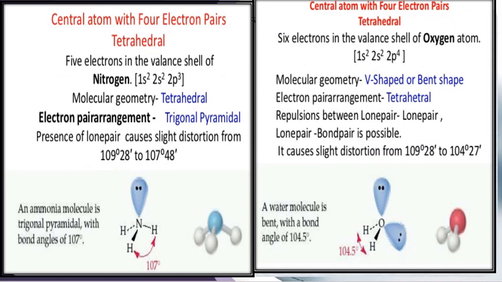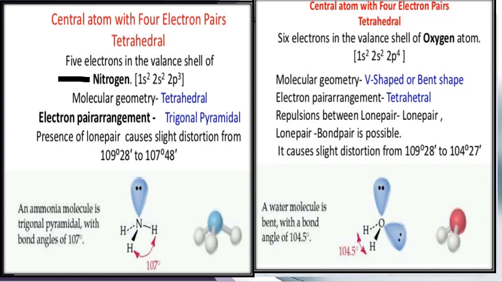Now here it is given the ammonia molecule. Ammonia has the formula NH3. The configuration of nitrogen, as it is the central atom, is 1s2, 2s2, 2p3. It has 3 unpaired electrons, and one lone pair is also present in the outermost shell.